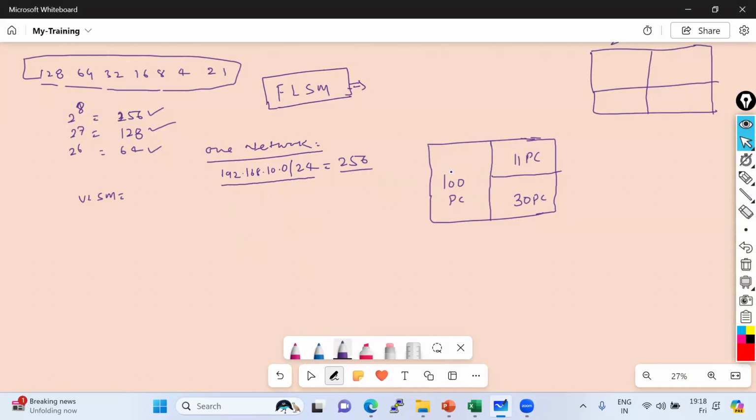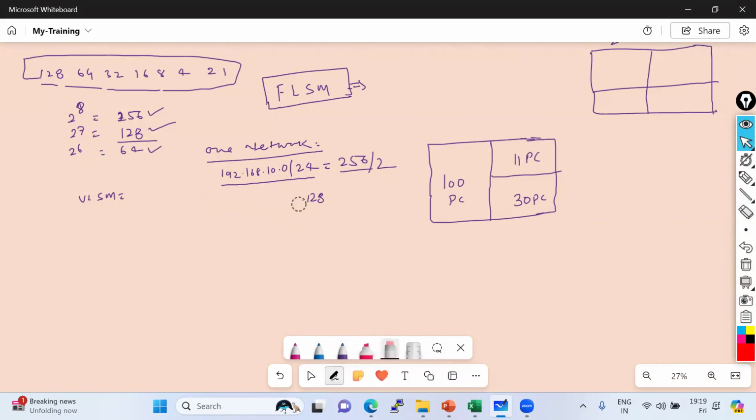So the subnet mask based on 2 to the power 7 is 255.255.255.128.